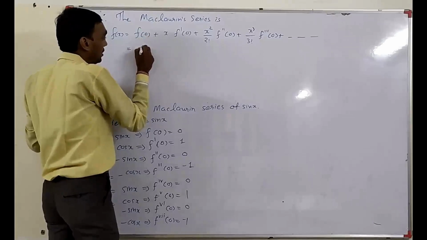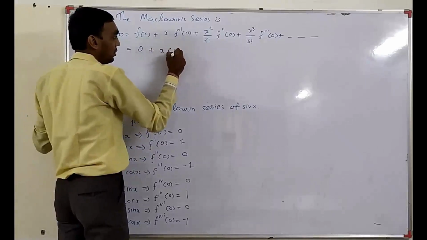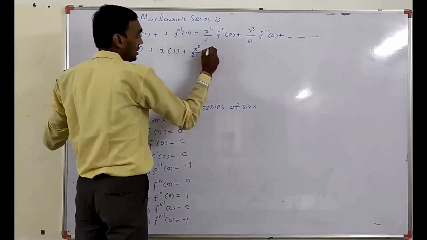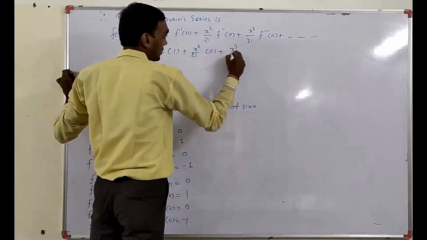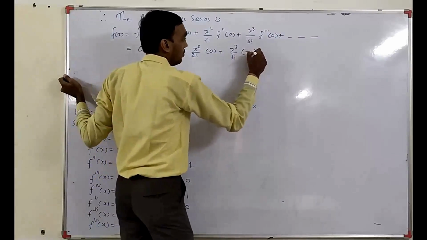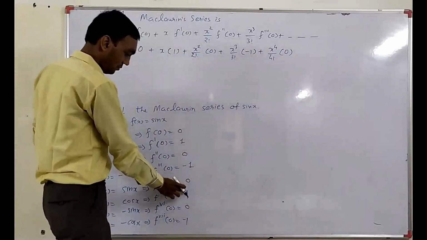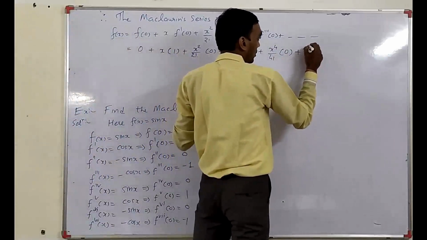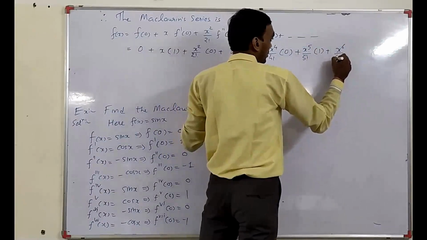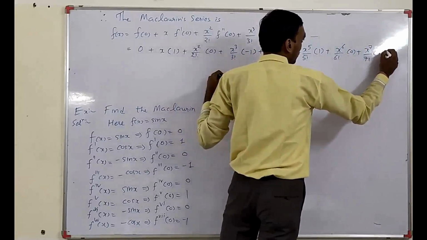So f(0) has the value 0, plus x times f'(0), which has the value 1, plus x^2/2! times f''(0), which is 0, plus x^3/3! times f'''(0), which is -1, plus x^4/4! times 0, then x^5/5! times 1, x^6/6! times 0, and x^7/7! times -1.